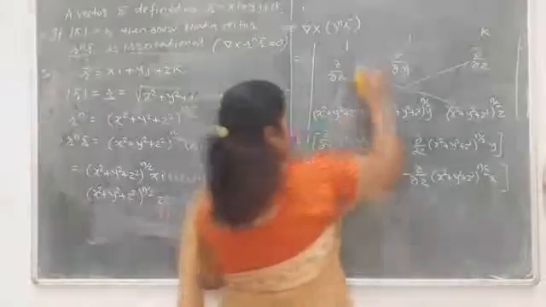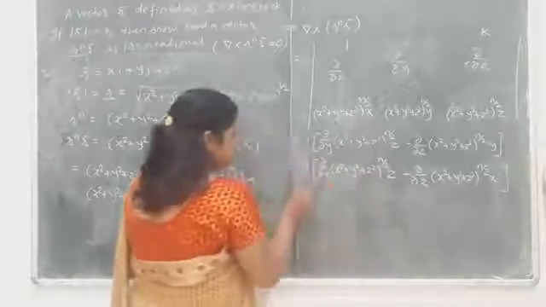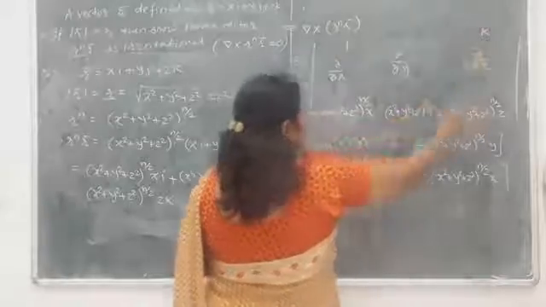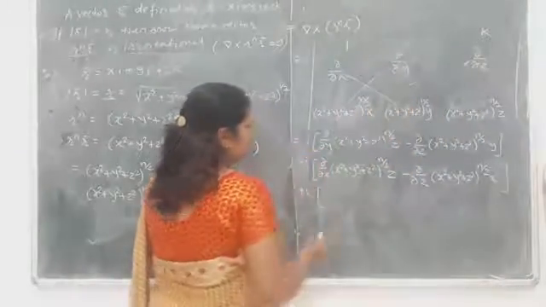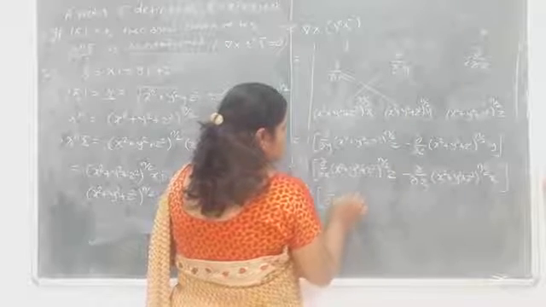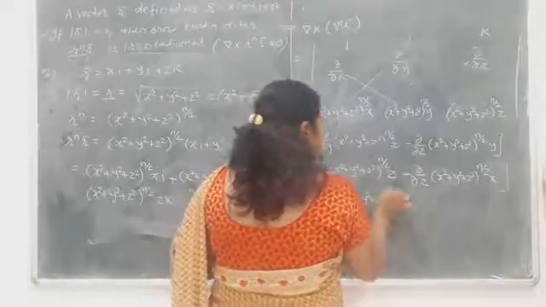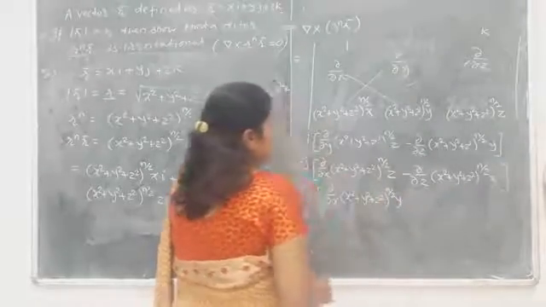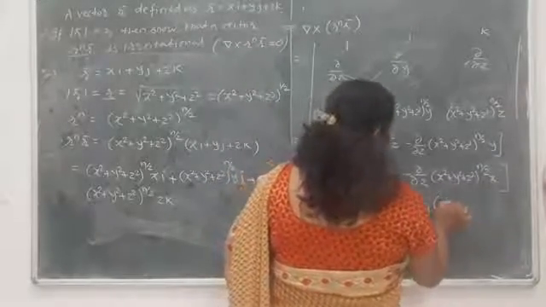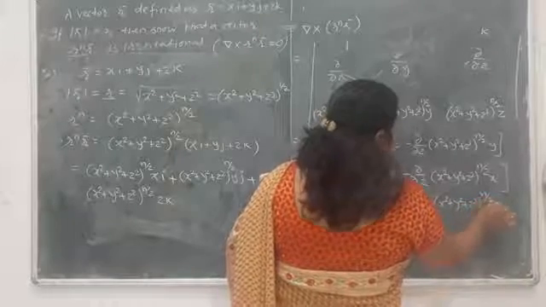then after that plus k, we are taking here plus k, so there is a plus k into, in bracket, eliminating again that row and that column, so there is a del del x of x square plus y square plus z square raised to the power n by 2 into y, minus of del del y of x square plus y square plus z square raised to the power n by 2 into x.